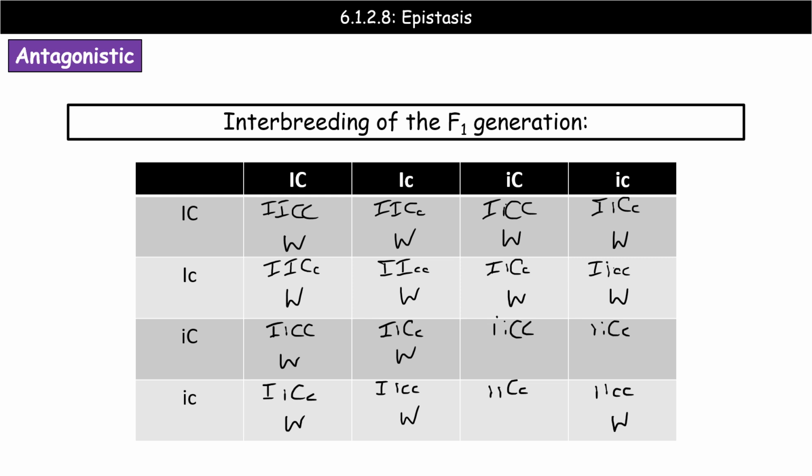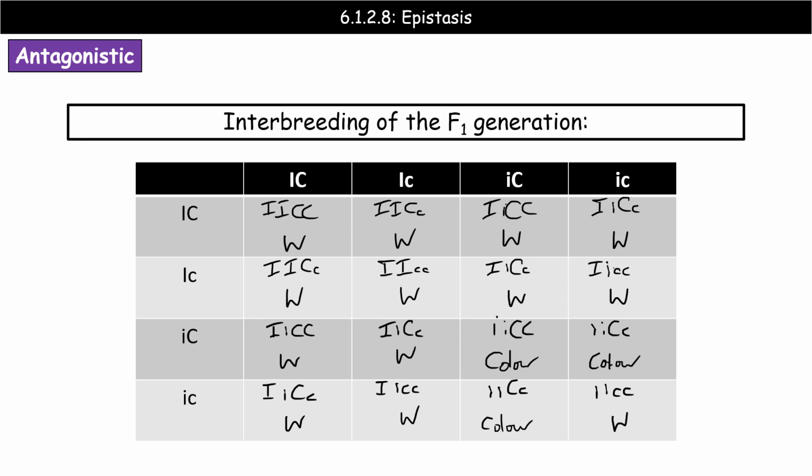Then we've got these three where our I locus is homozygous recessive, therefore we're not preventing colour, and we do have one or two dominants in the C locus, the second one. So in this case they are going to have some kind of colour. These are going to be coloured chickens, as will that one, and this last one will have coloured feathers too.